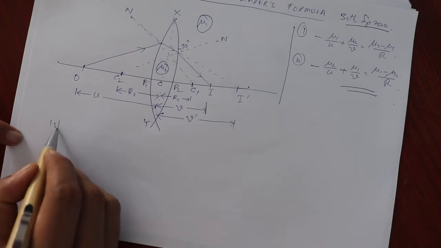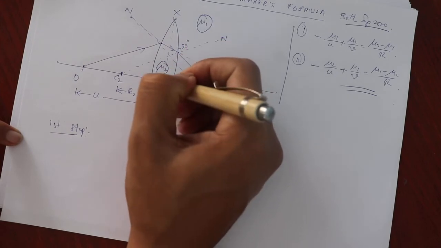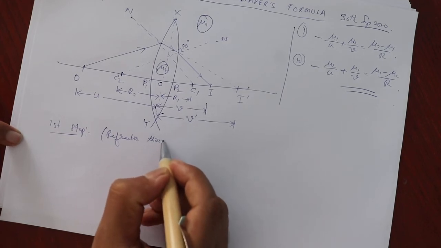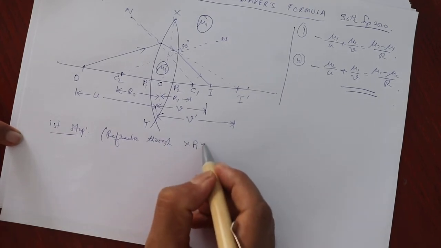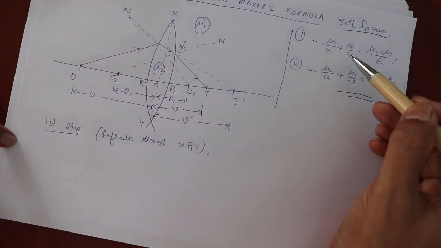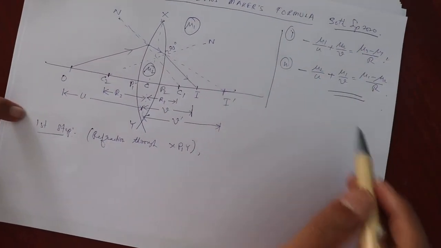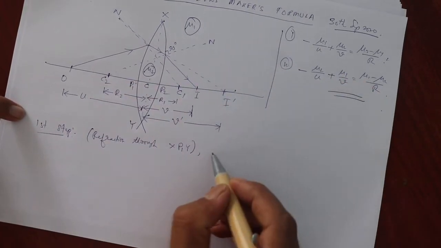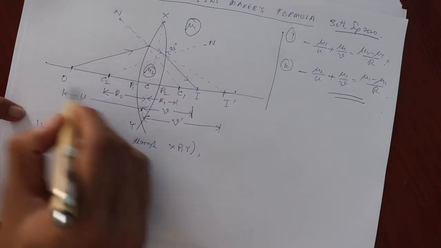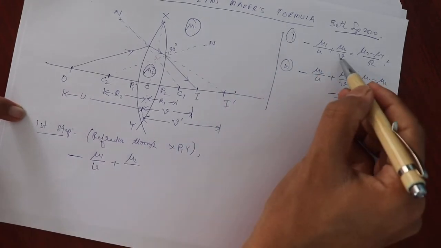So in the first step, we're going to see the refraction through XP1Y. Here you apply the first formula, that is, refraction through a spherical surface when the object lies in the rarer medium. So you can put it here: minus mu1 by u for the object distance, always u, followed by plus mu2 by v for the image distance.